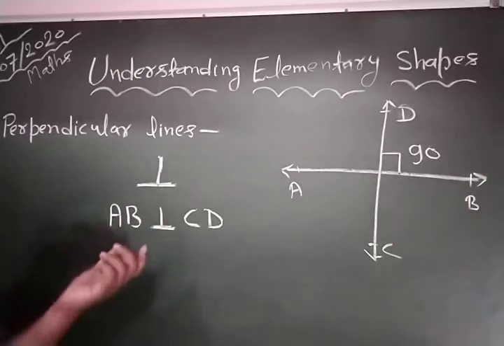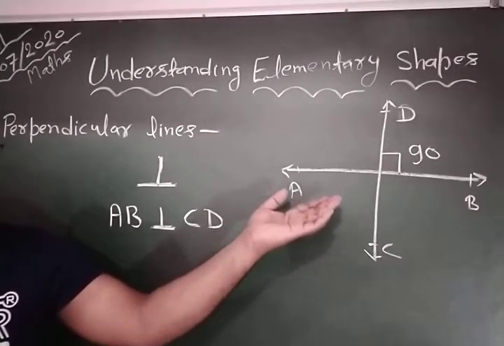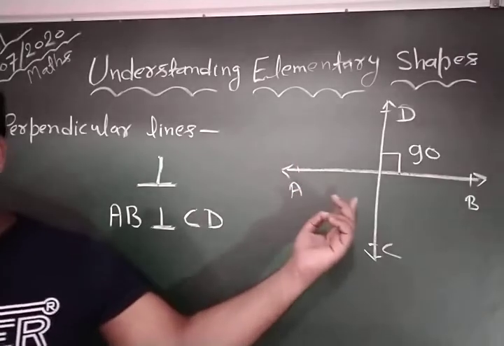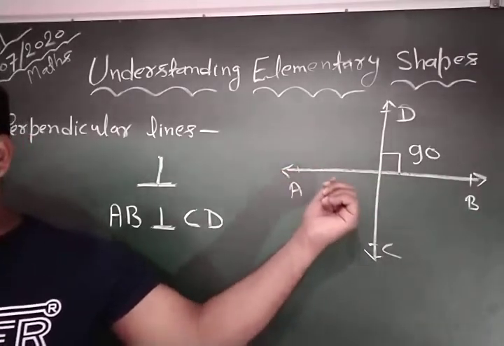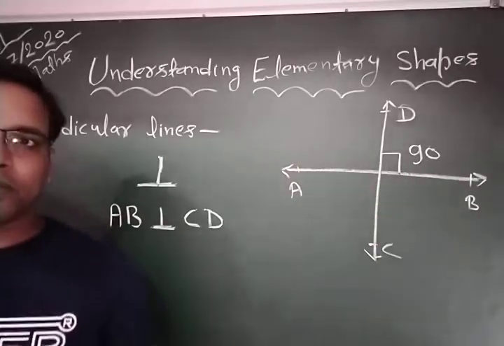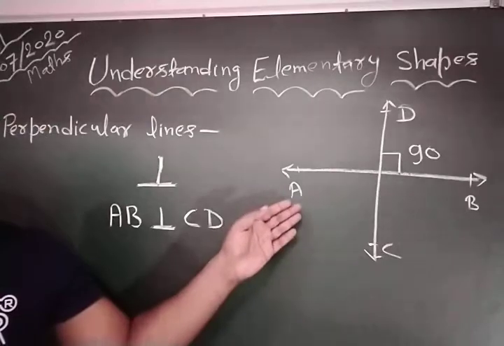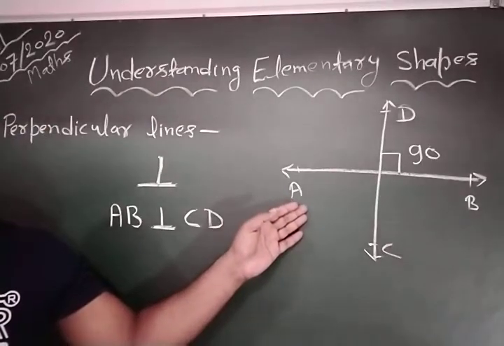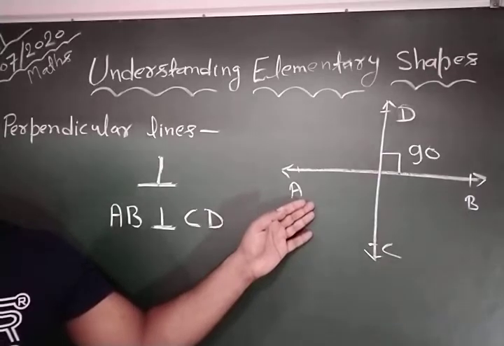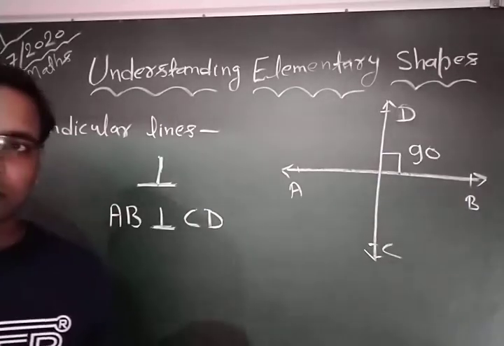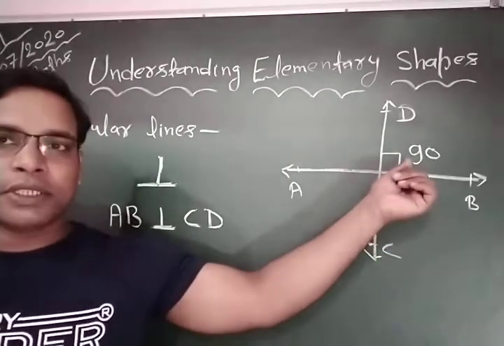So in this way you can see two straight lines, AB and CD, intersect each other at a right angle, then you can say they are perpendicular. The exact definition of perpendicular lines is that two straight lines are called perpendicular lines if they intersect at right angles, meaning 90 degrees.